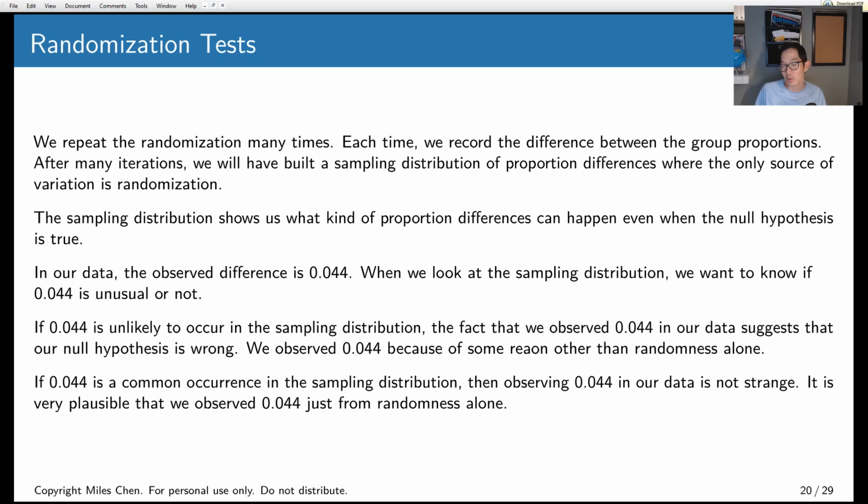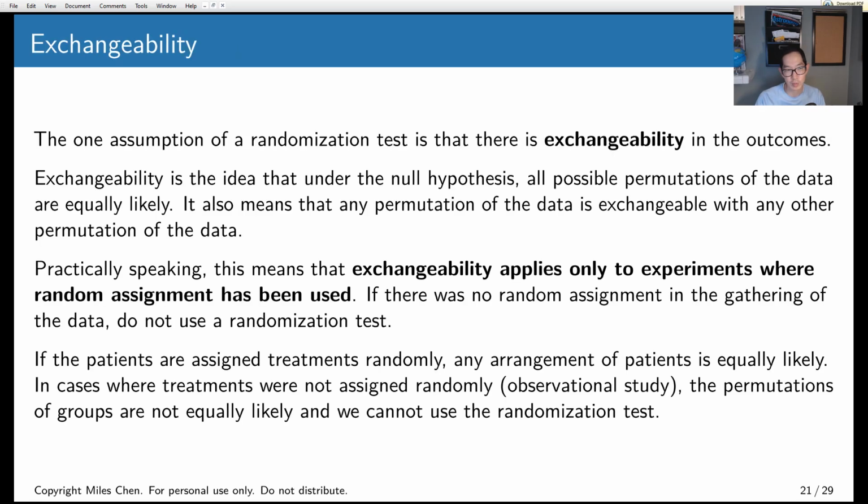If getting 0.044 is really unlikely from randomness, then something other than randomness had to be the case. However, if we get a difference of 0.044 very frequently, if it's a common occurrence in our sampling distribution, then maybe the reason we got 0.044 is just randomness, because we generate this distribution from randomness, and randomness can produce 0.044 quite a lot. So that's what we'll do.